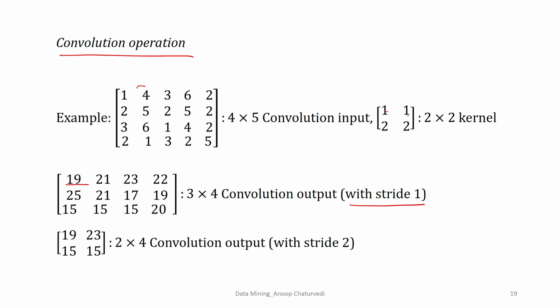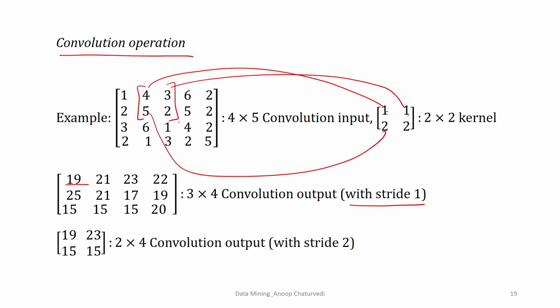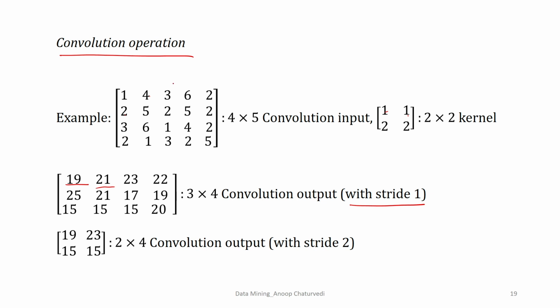Then we move here. Again we multiply this 4 by 1, we multiply 3 by 1, we multiply 5 by 2 and 2 by 2, and you get 21. Then we move here, we apply the same operation, we get 23, and then we move here and we get 22.